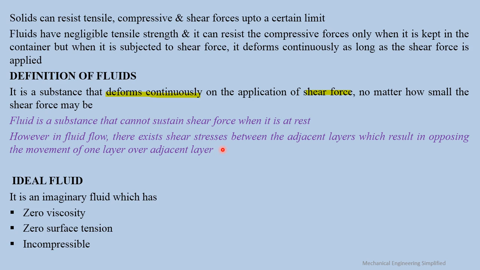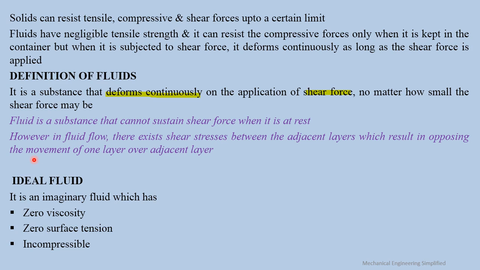Don't get worried about terms like laminar flow; they will come in a later part of this lecture series. Just take it that the fluid is flowing in the form of layers, and the movement of one layer is opposed by the adjacent layer. This is due to shear stress.